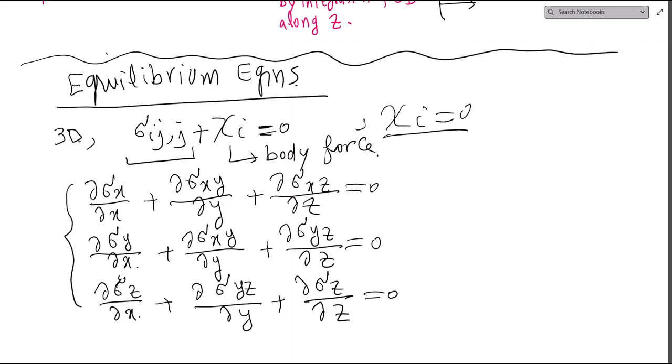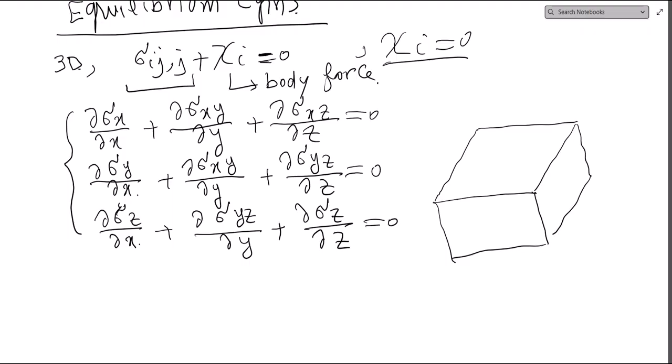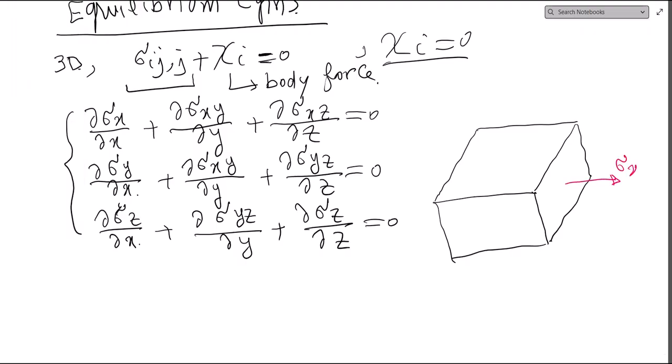So to be clear, what we are talking about here is that if I zoom in on a plate element in my xy coordinates, this is sigma x, this is sigma xy, maybe I write it such that I have room for the others.